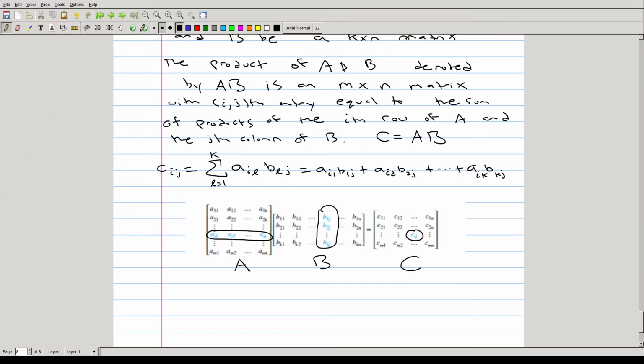Now let's see this for some examples, because we really want to understand in depth this matrix multiplication when we go and define our application to relations.